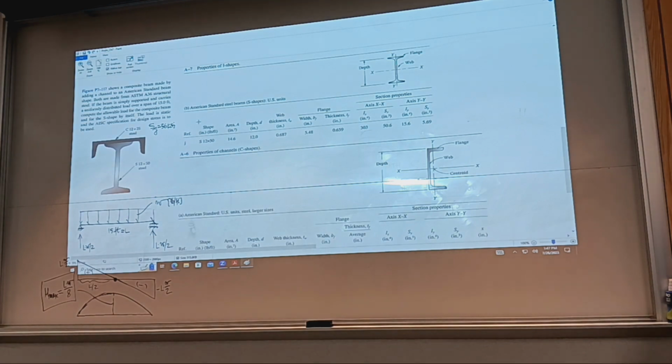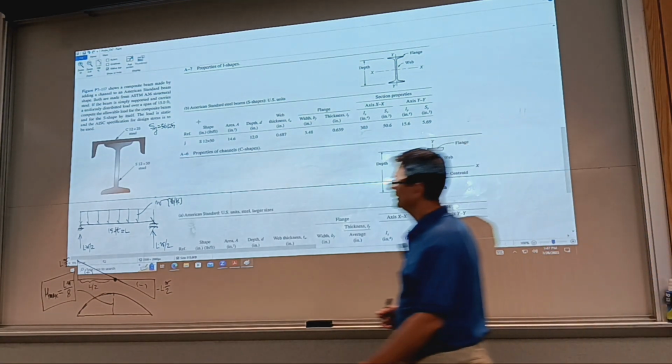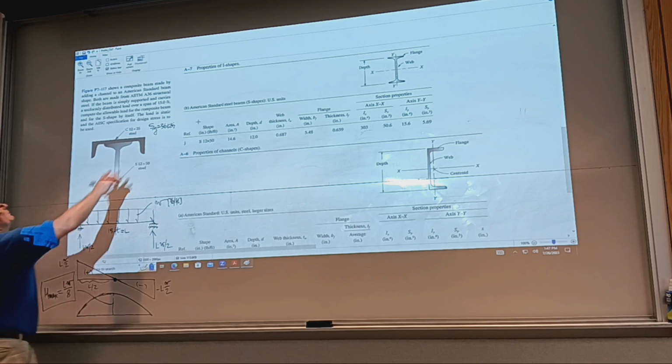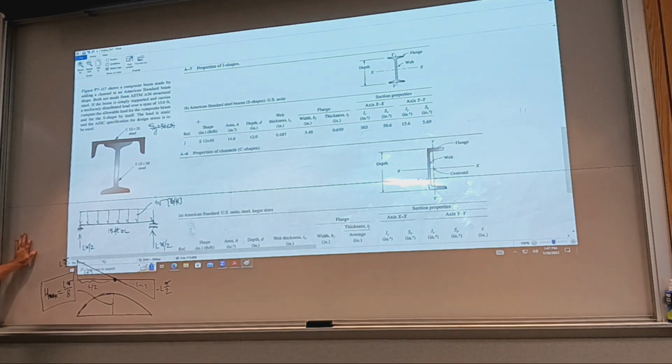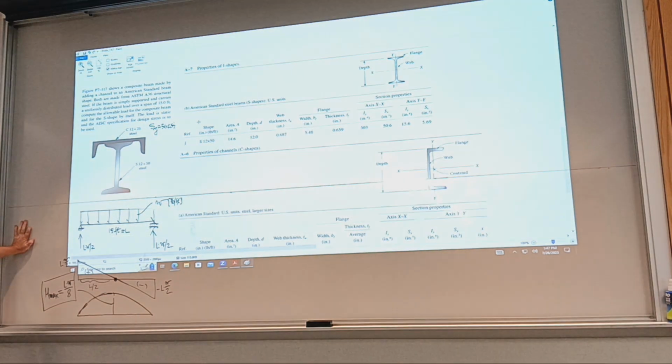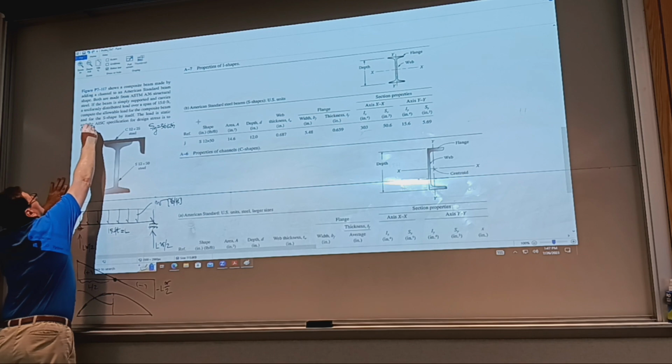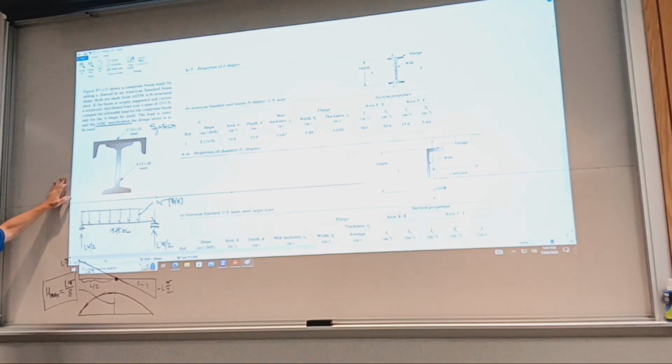Applying the flexure formula, because we are interested in limiting the design stress. It says to use AISC specifications for design stress, the American Institute of Steel Construction.